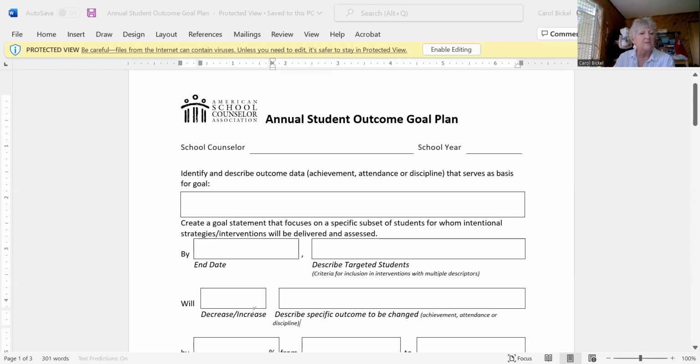So that means their numbers will either increase or decrease. If it's 93 9th graders who failed math, you want that number to decrease. So you will say decrease and describe the specific outcome to be changed. Will decrease, and the specific outcome is that they will be passing the ninth grade math class.